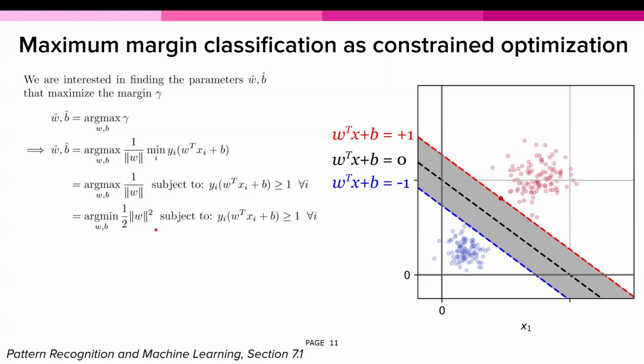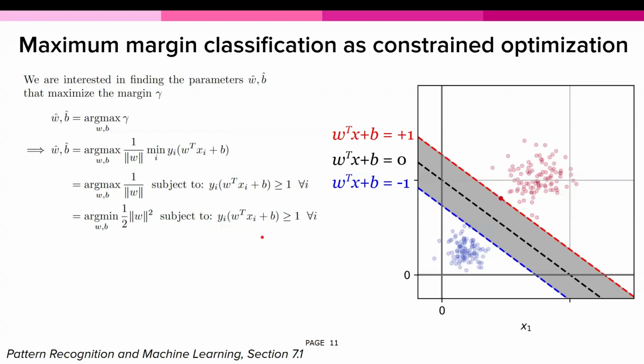This transformation matters because solving a constrained optimization problem is more straightforward than a nested optimization problem. Additionally, our algebraic manipulations have turned this into a quadratic optimization problem, where we minimize the size of the weights, the square of the weights, subject to linear constraints that ensure the data are correctly classified.